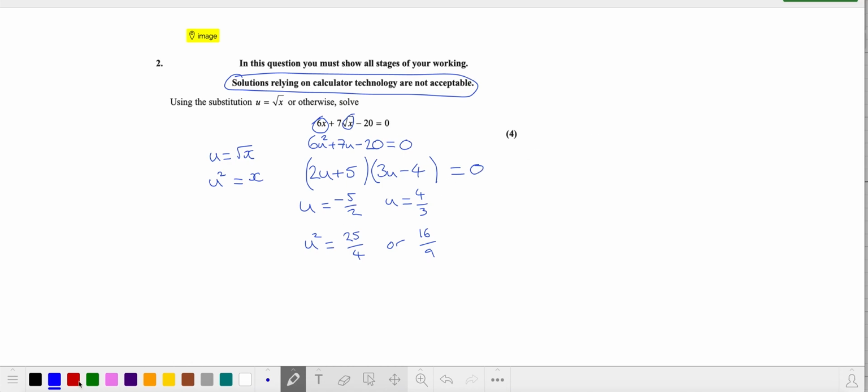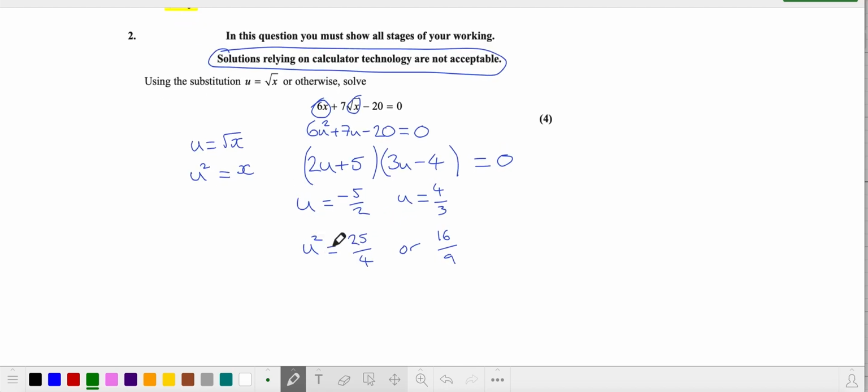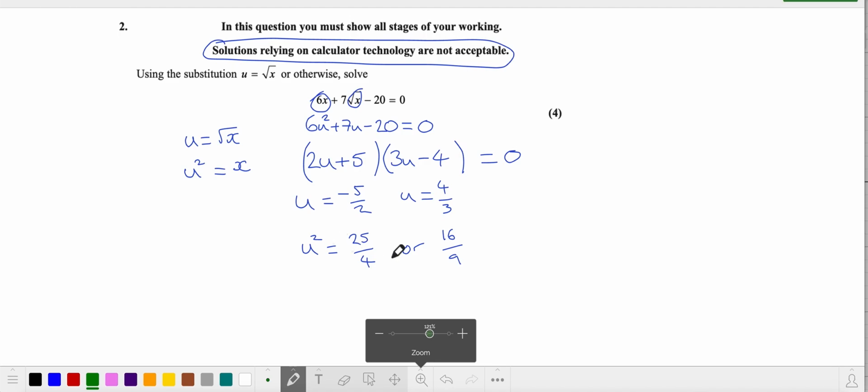And I think it's probably safe to say that the solution that comes from that negative value of u is always going to be the one that we need to discard. But I've been racking my brains trying to come up with a really solid and convincing mathematical proof as to why it must always be that one, and I couldn't come up with one.